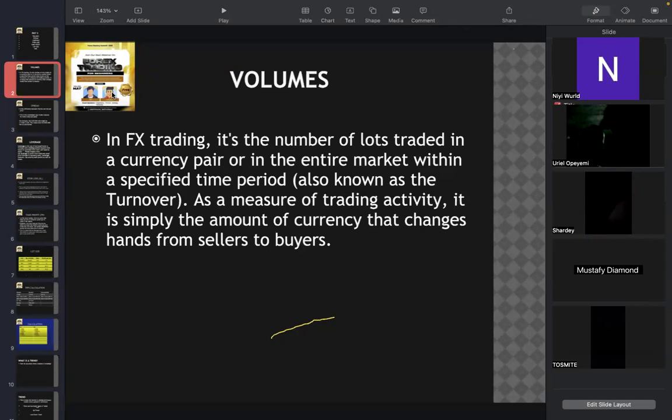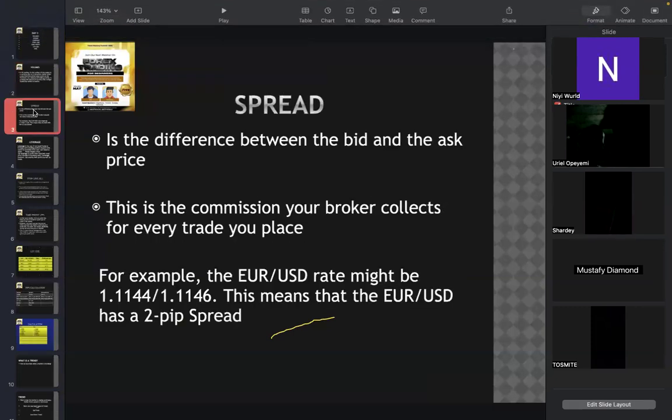So that means the amount of currency that changed hands from sellers to buyers. That is actually so simple. It's not hard. It's just the number of lots traded. You understand? So let's go to spread.